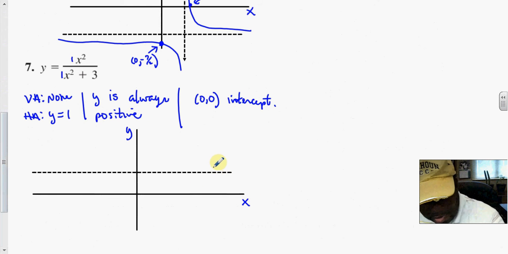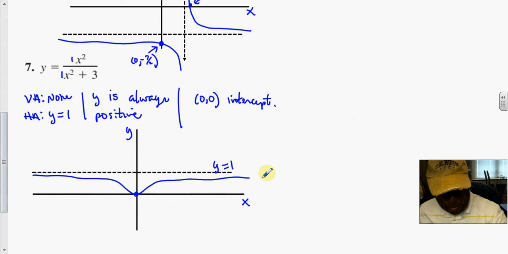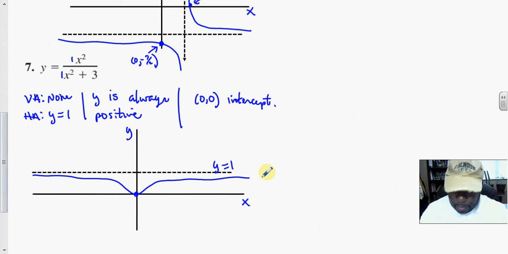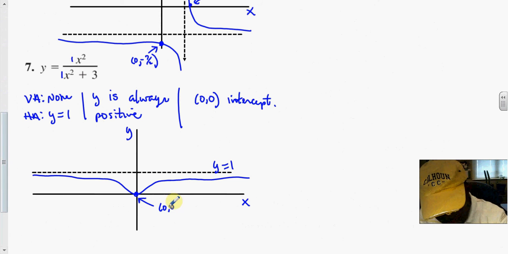This is the line y equal to 1. We have an intercept here at the origin. The graphs tend to try to ride along the asymptote. This is the intercept, but if you look at it, it's the minimum as well, without even having to do the first derivative test.